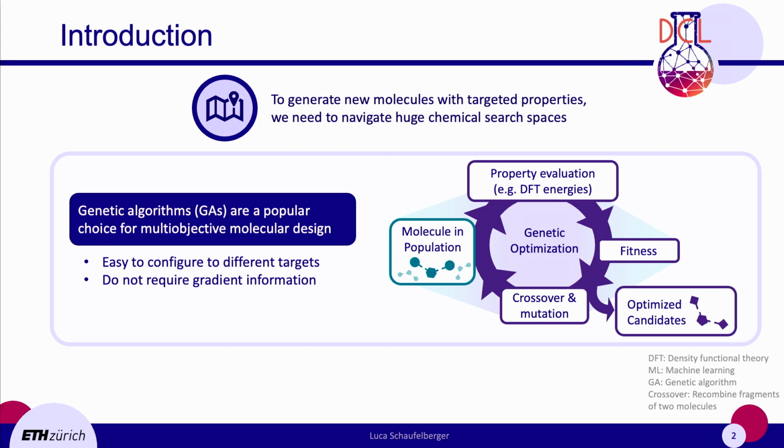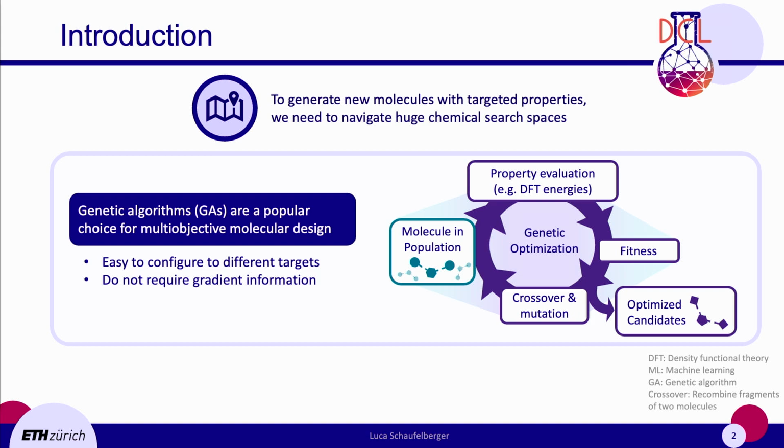You do some property evaluation, traditionally done with density functional theory. And then from these energies, for example, you get some fitness, how well your molecule is suited to the task. At the end, you perform some crossover and mutation operations. Then you end up with a new molecule population, and you iterate this over and over until at the end you get some optimized candidates out.